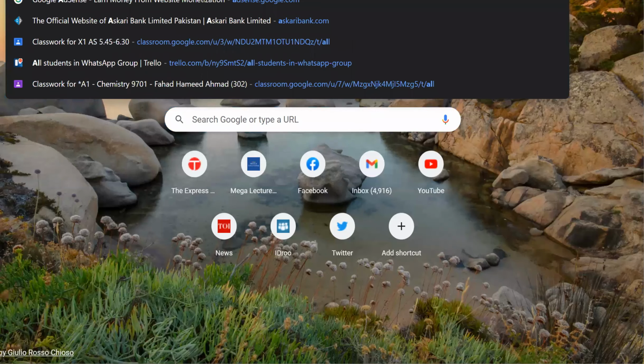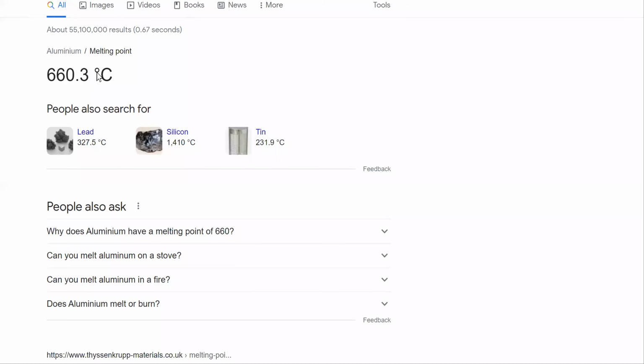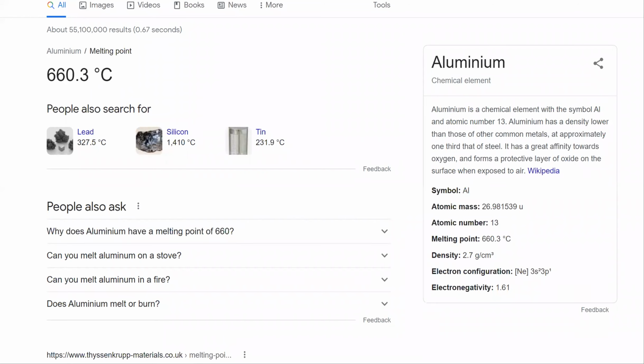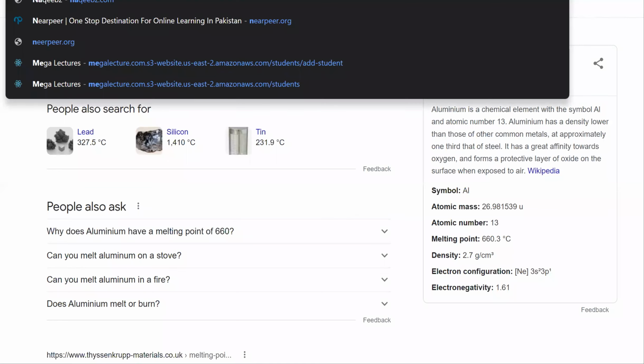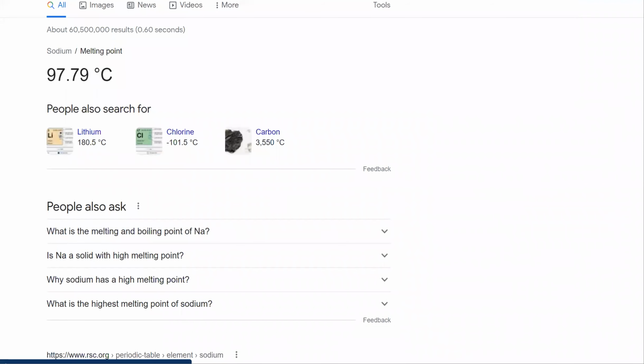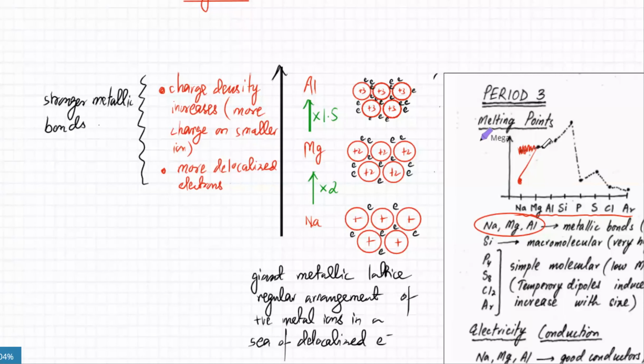Aluminium would be very similar. तो 650 से बस 660 तो बहुत थोड़ा फर्क पड़ा है, जबकि Na का melting point that's very low, that's less than 100, 97 है. ठीक है, तो ये चीज भी याद रखनी है कि, they're going to ask you this question कि why are Mg and Al so similar, because उनके जो चार्ज में इतना ज्यादा फर्क नहीं है, it's not doubling, and the number of delocalized electrons, that's also not increasing by a big margin.